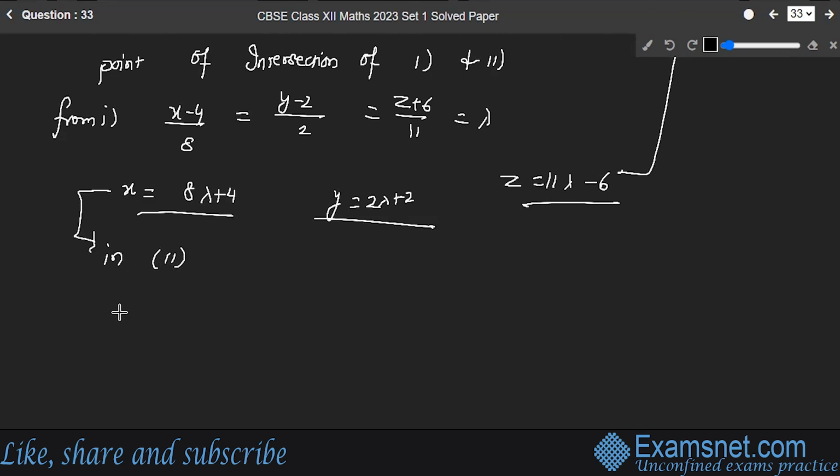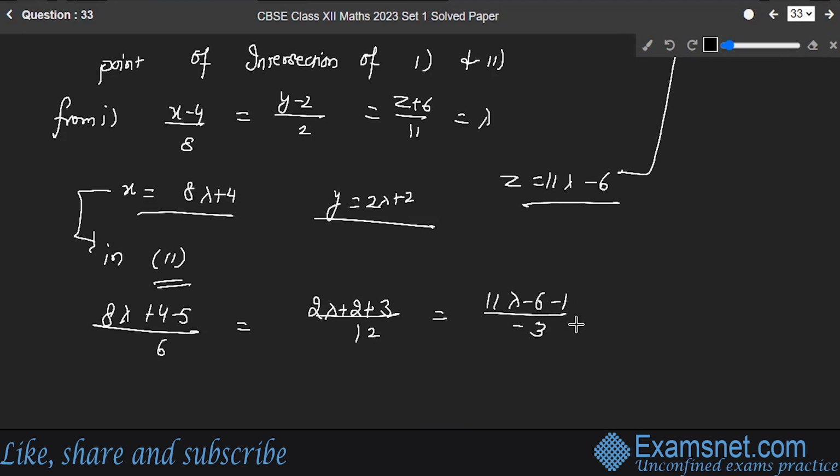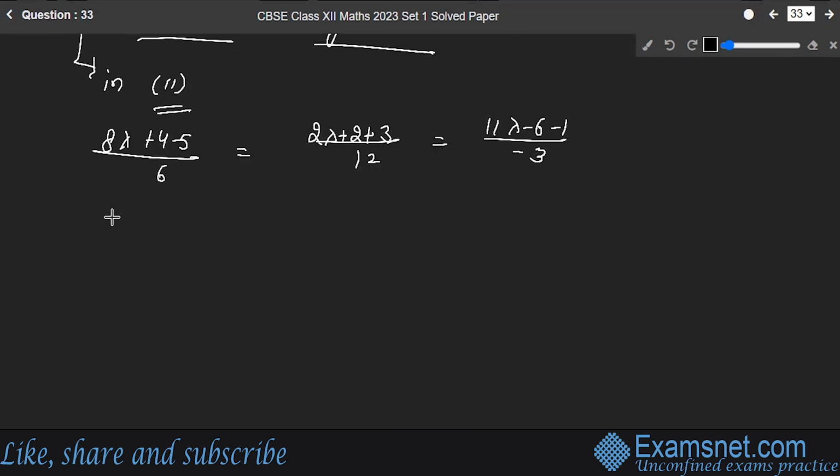You will have (8 lambda + 4 − 5)/6 = (2 lambda + 2 + 3)/12 = (11 lambda − 6 − 1)/(−3). This gives you (8 lambda − 1)/6 = (2 lambda + 5)/12 = (11 lambda − 7)/(−3).